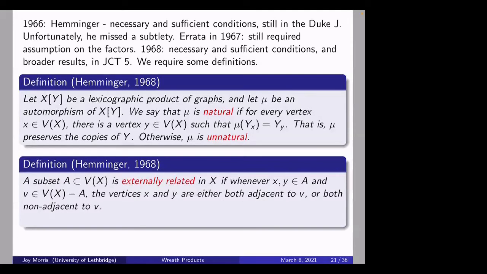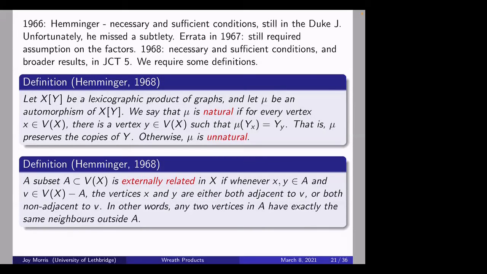And he also wanted to generalize this idea of twins in a way. A subset of vertices is called externally related in our graph if they have exactly the same neighbors outside of that set of vertices itself. If any two vertices in A have exactly the same neighbors outside A, they're externally related.